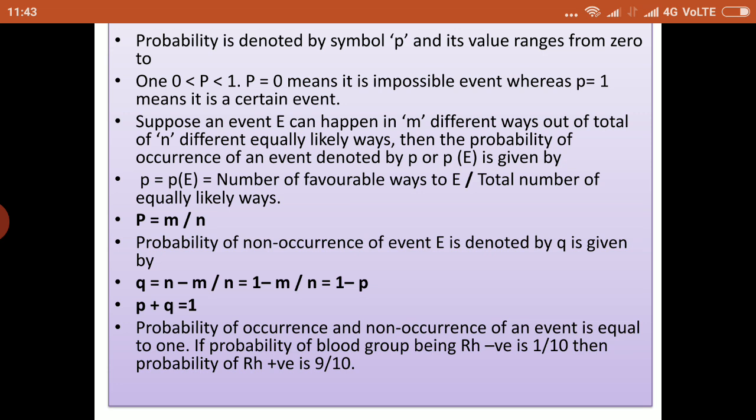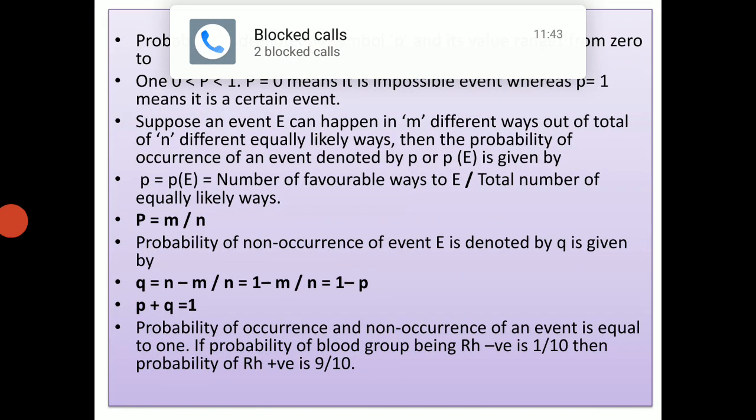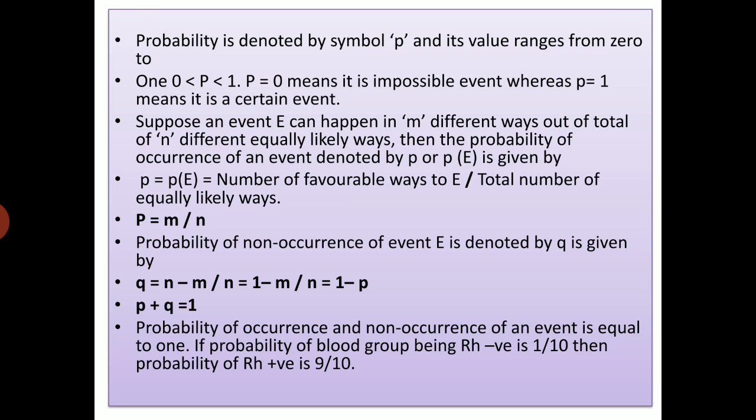P is the probability of occurrence of the event and Q is the non-occurrence of the event. If the probability of blood group being Rh negative is 1 out of 10, then the probability of Rh positive is 9 out of 10.